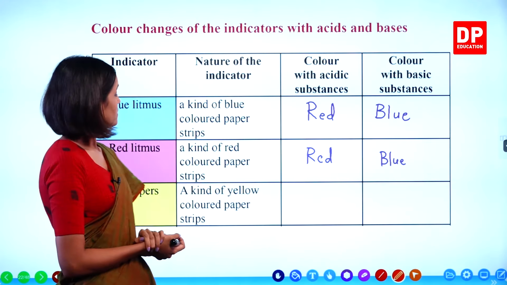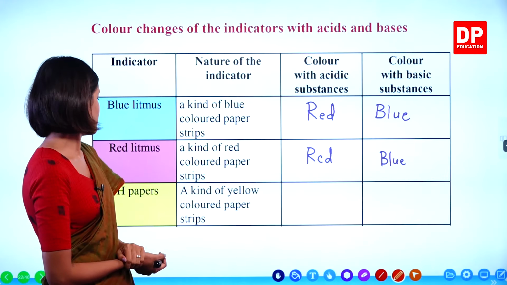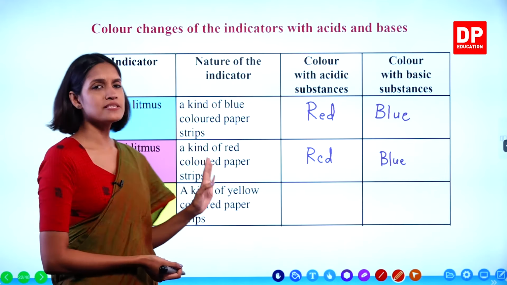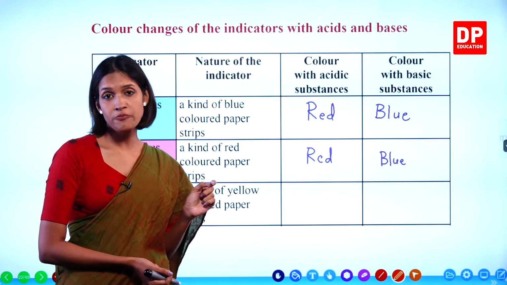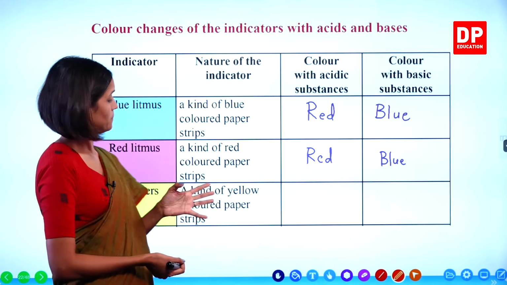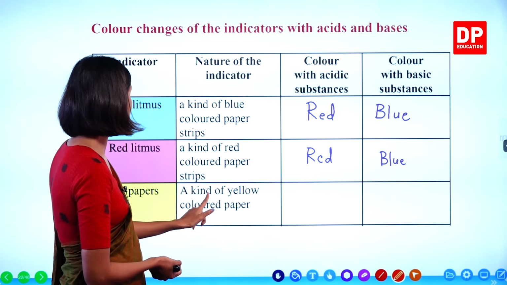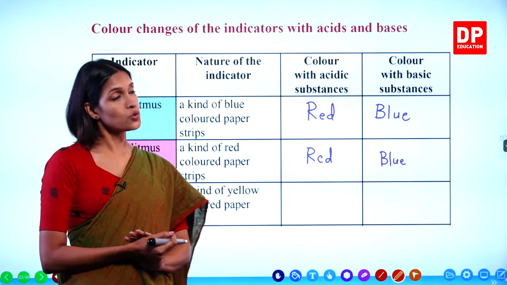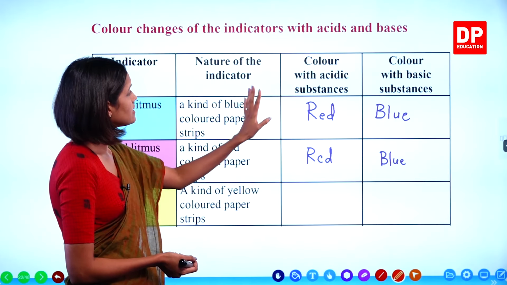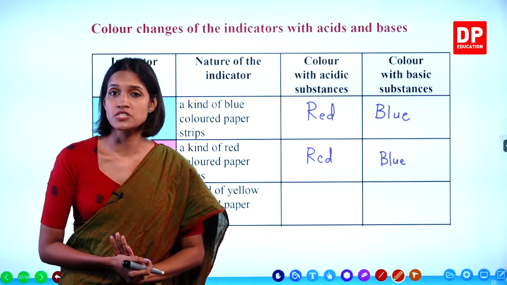Okay, children. Next one, pH papers. I explained that it's also a type of paper, a kind of yellow colored paper strip. So what is the color with acidic and basic substances?